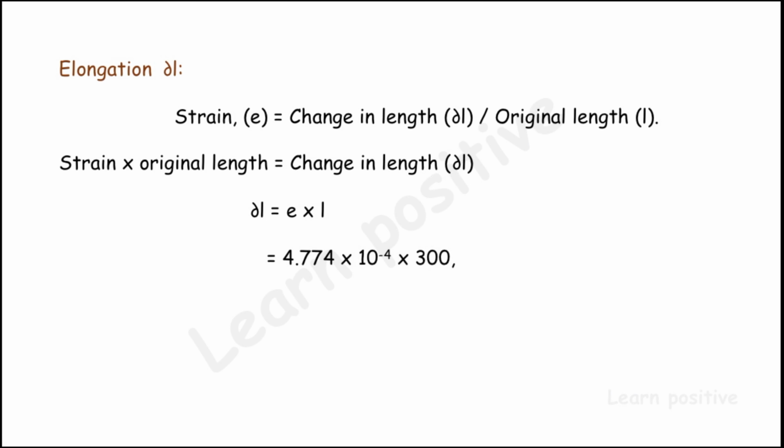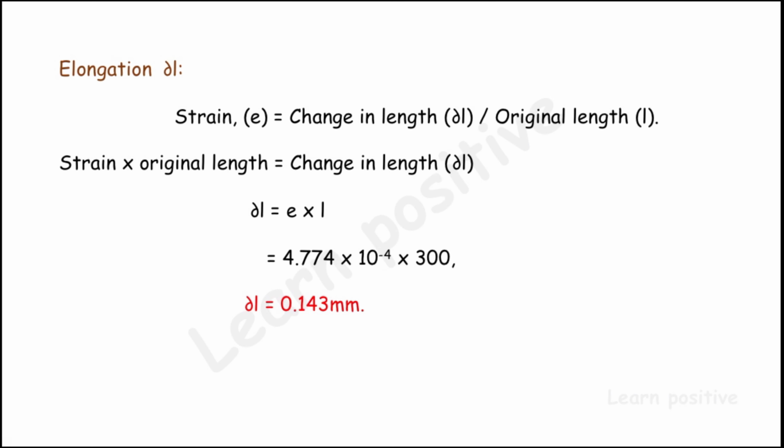That is 4.774 into 10 to the power of minus 4, the strain value, into length of the circular bar, 300 mm. Now I am going to substitute it in the calculator and I get the elongation as 0.143 mm. So due to the tensile load, the length of the rod is increasing by 0.143 mm. It is the elongation of the rod due to the tensile load.